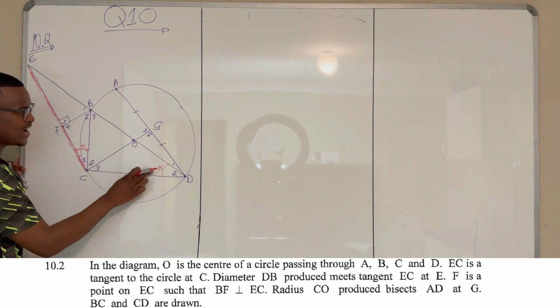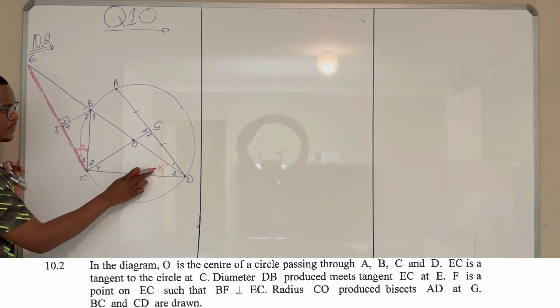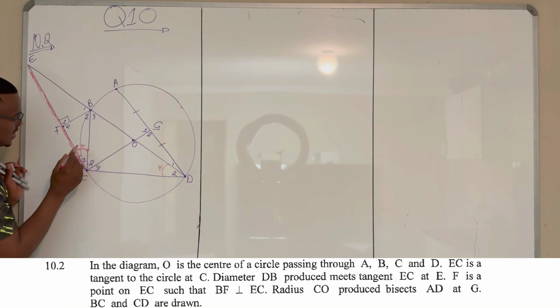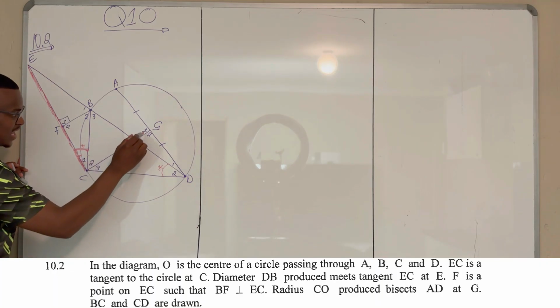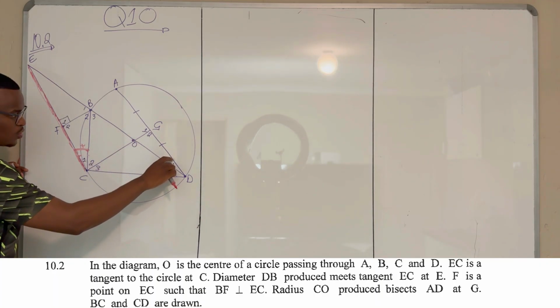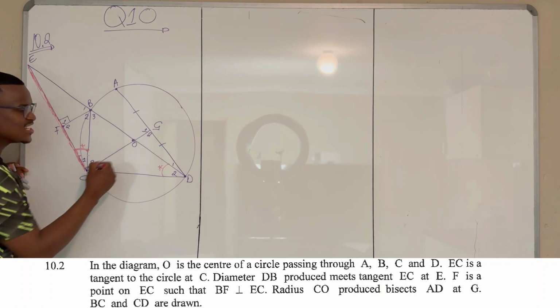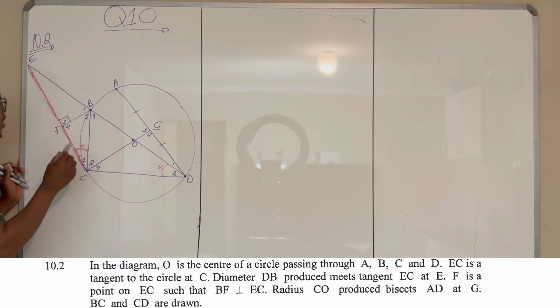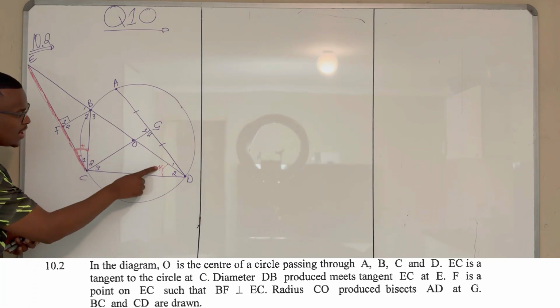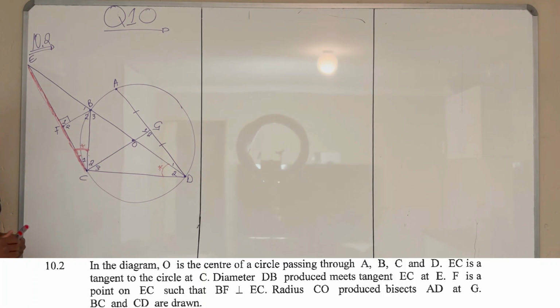So this angle and that angle are exactly equal. It's the same angle. I can't say the angle between the tangent and this will be equal to that one over there, because CG is not a chord. It only works if the angle is between a tangent and a chord. That's what the diameter has told you, that these two angles are going to be equal in measure.